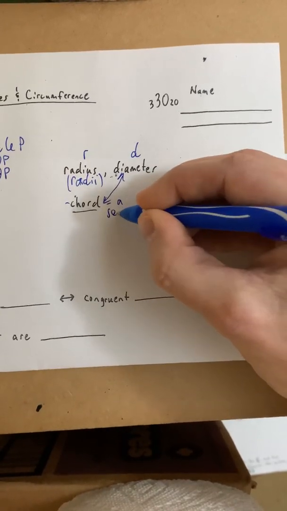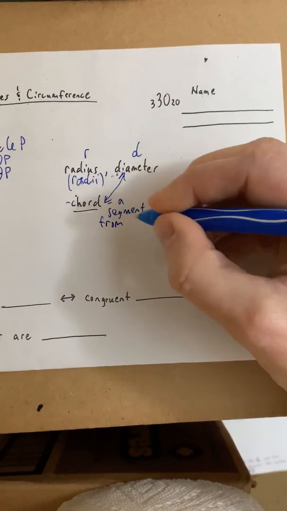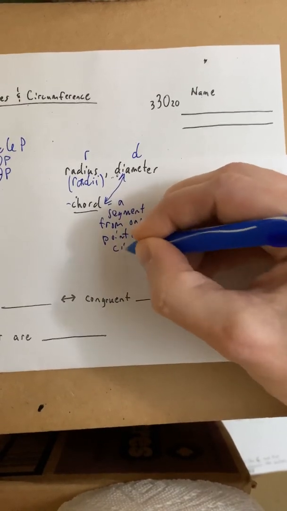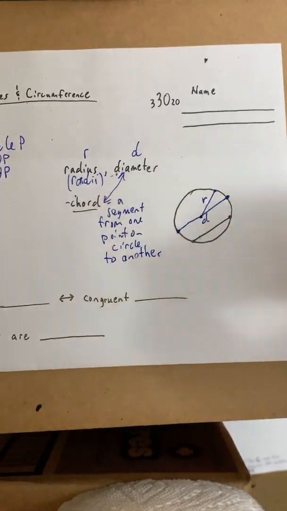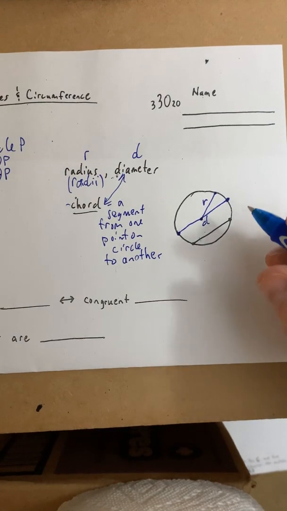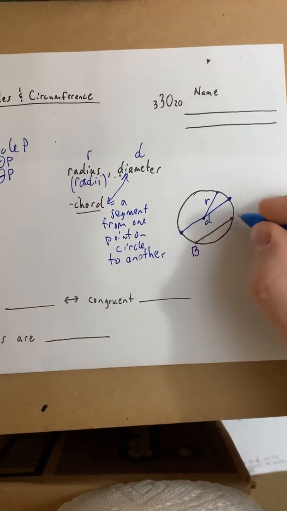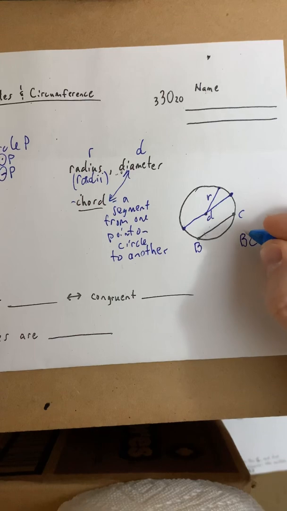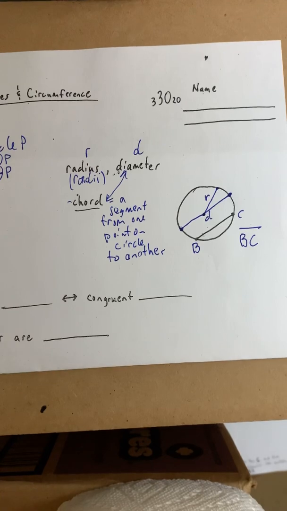So a chord is a segment from one point on a circle to another. Now, because the chord is a type of segment, you label it just like you would a normal segment. So let's say you had points B and C. Those would be the endpoints of the chord, and the chord would be named like such, just like you're naming a segment.